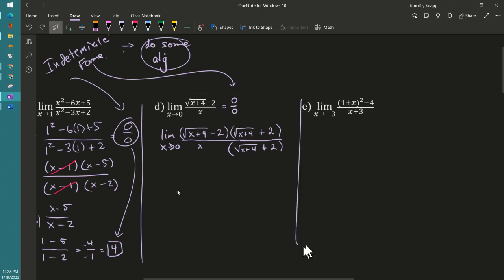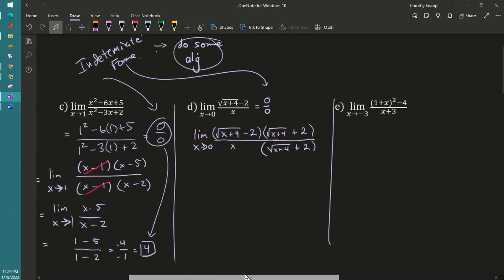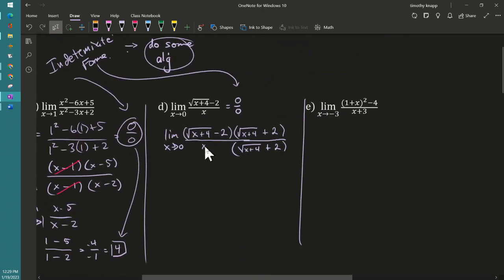If I can't cancel this x, then I always have a 0 in the denominator, and I would have an undefined or does-not-exist limit. But if I can effectively cancel this problematic location, then I could change a does-not-exist limit into an exists limit. Well, I'm not changing it. It always existed, but I'm discovering that it exists, okay?